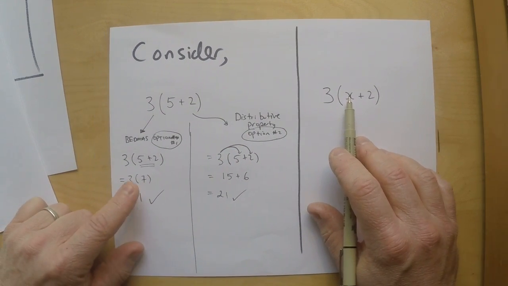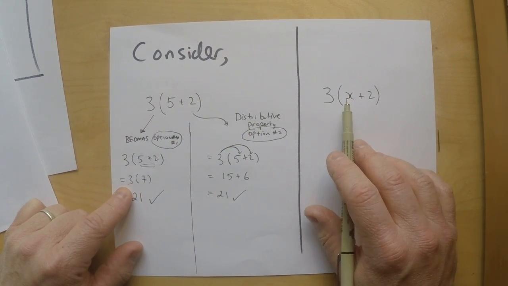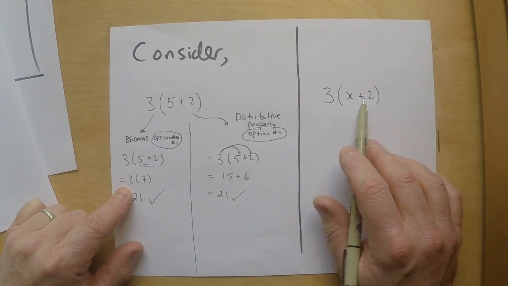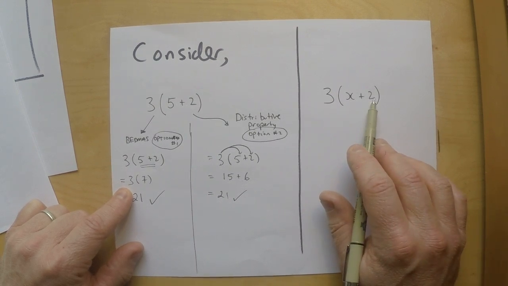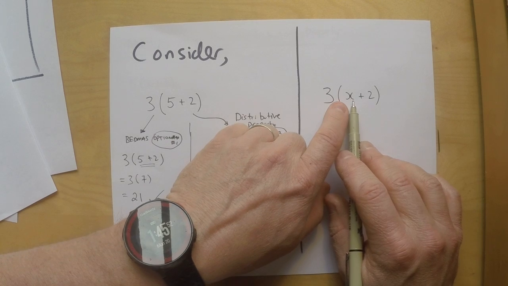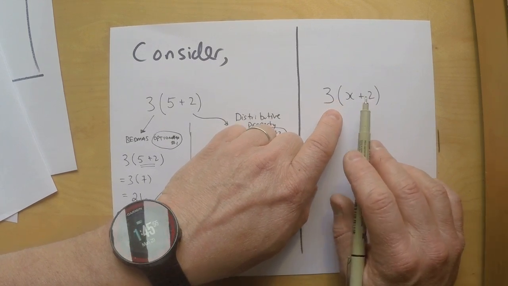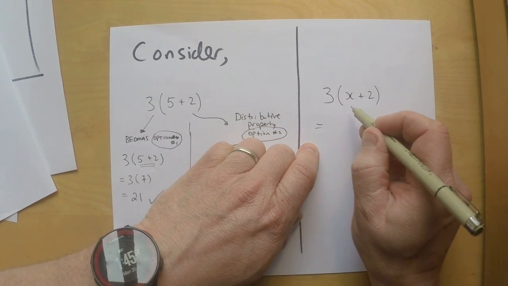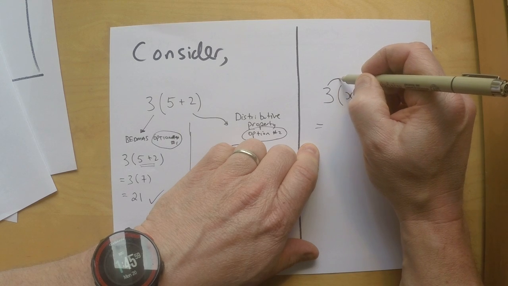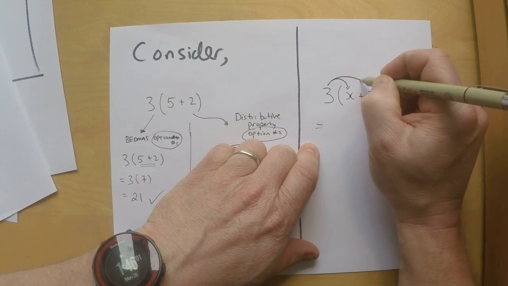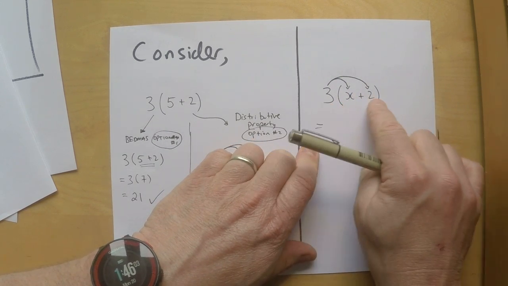And why BEDMAS is no longer any good is because you can't add x plus 2. Those are unlike terms. So BEDMAS comes to a screeching halt here. It's like, you can't do that. So the only way to work with this is to distribute the 3 by multiplying it into both.